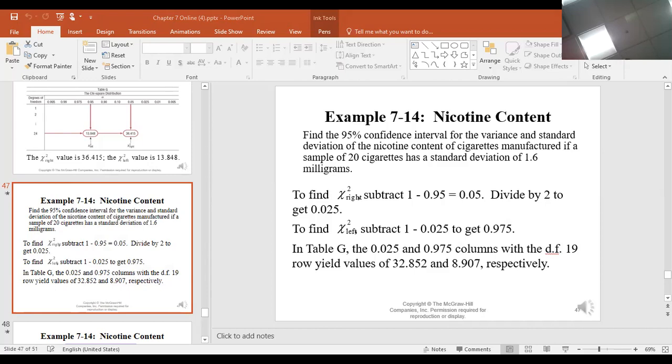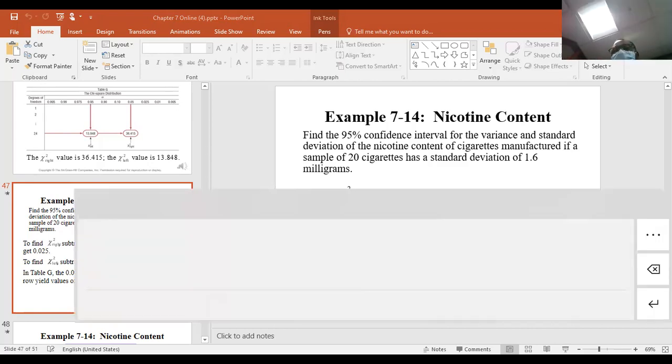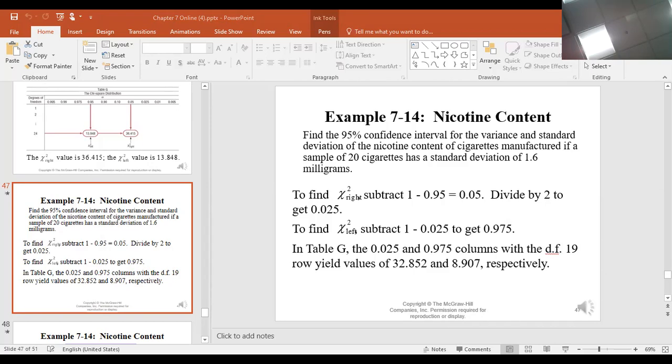You could just type chi-square there. I cannot find it right now. Anyway, I don't think anyone wants to use Excel, but if you want to use Excel, type chi-square and you will get it.